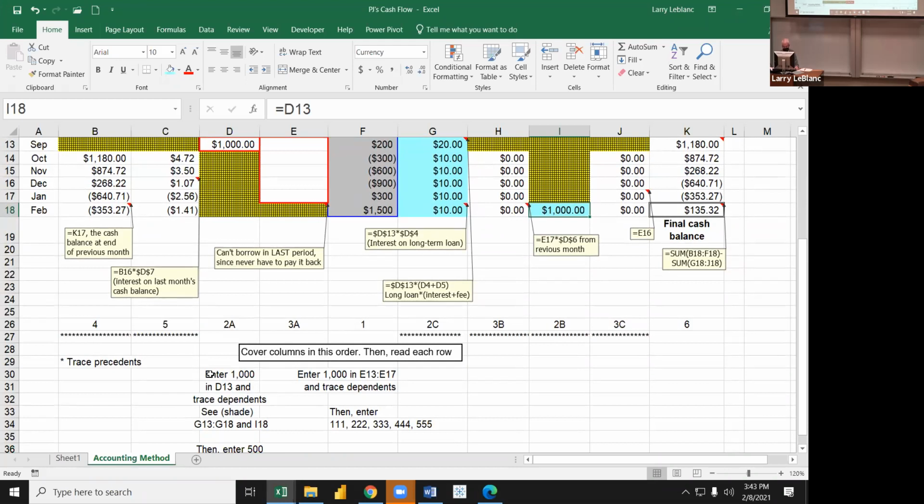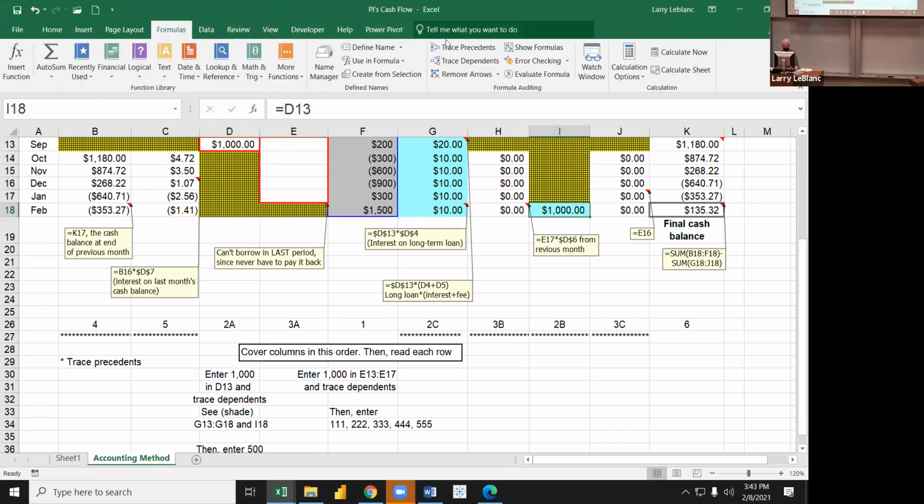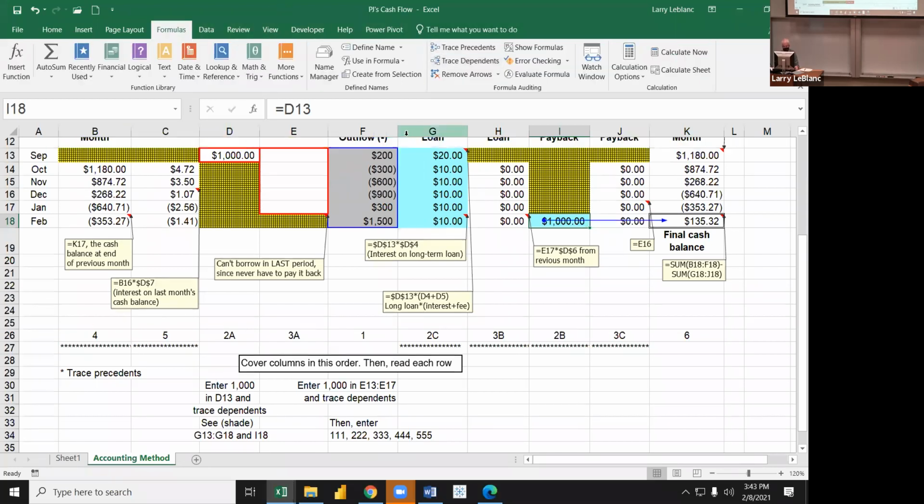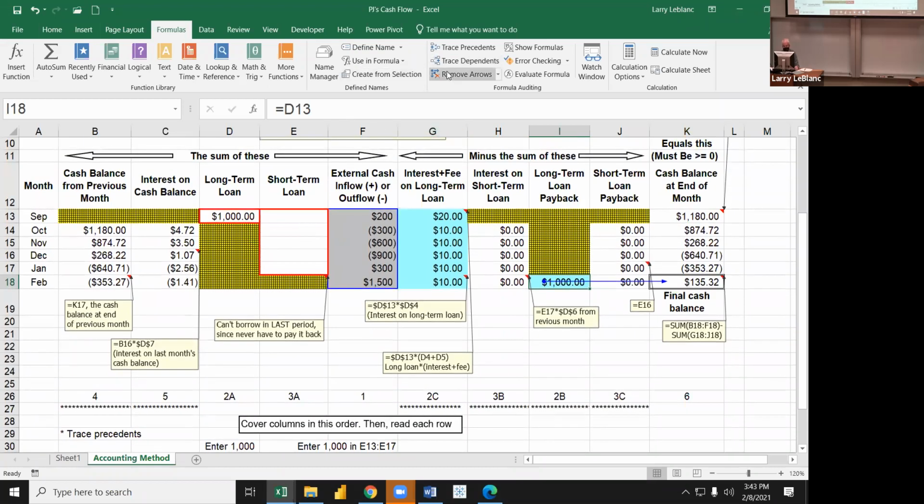I wrote a note. I suggest you enter 1,000 in D13 and trace dependents. Let me do that differently. Whatever you enter in D13 is used in column G and in I18.